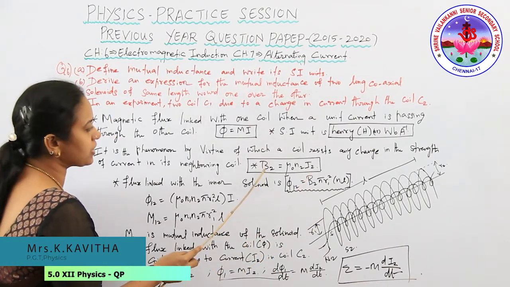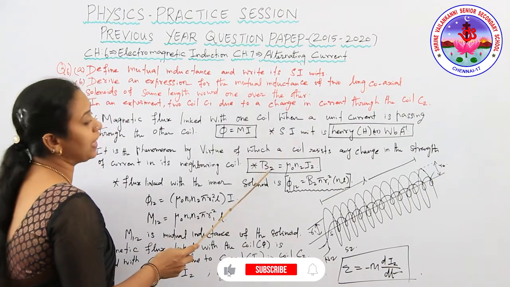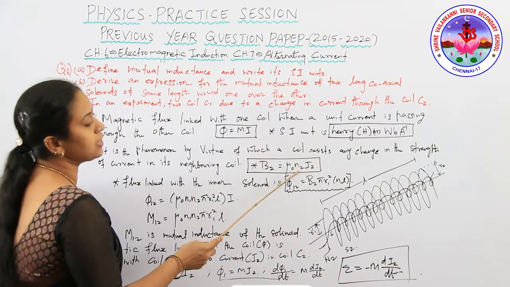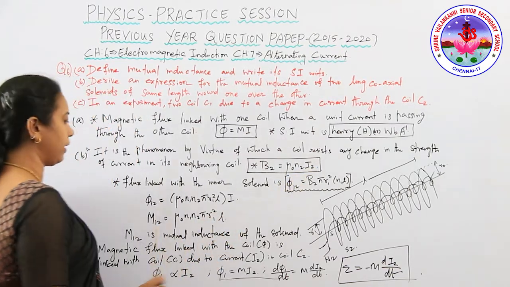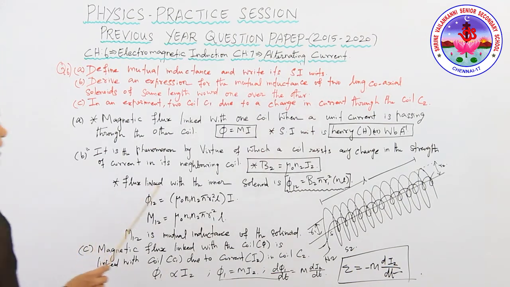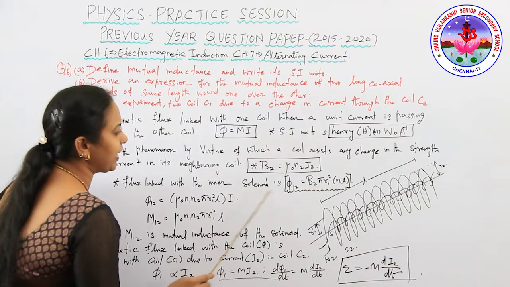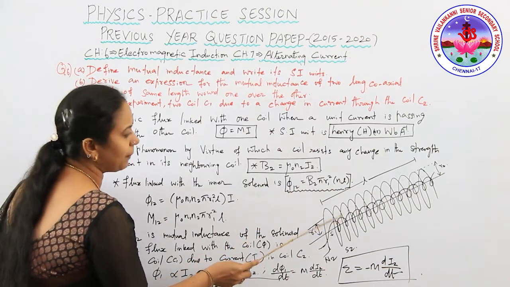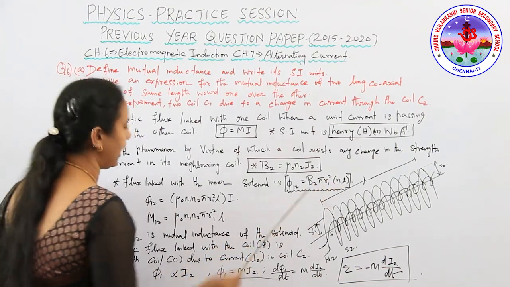See, B2 gives the magnetic field of the second coil, which equals mu naught N2 I2, where N2 is the number of turns in the second coil and I2 is the current passing through the second coil, right? Now, the flux linked with the inner solenoid, that means coil 1, phi 1,2 equals B2 times pi r square N1 L, right?